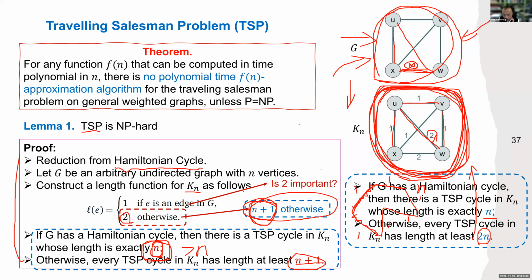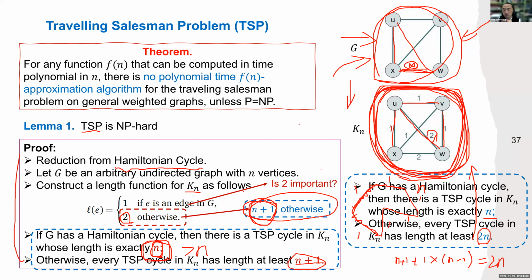So we have n+1 for one edge at least. The other n-1 edges, each of them can be 1. So plus together, it becomes 2n. That means if you have a solution for Hamiltonian, then your TSP for the new graph is n.